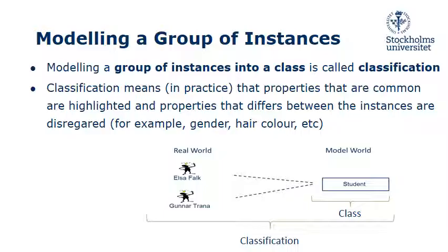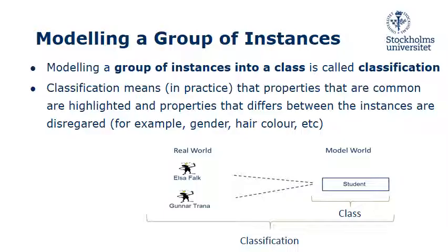So in this case, here in the bottom you can see Elsa Falk and Gunnar Trana, and we group them and create a class called student. And this procedure, when you group instances in the real world, is called classification. Classification in practice means that properties that are common between the instances are highlighted, and properties that differ between them are disregarded.